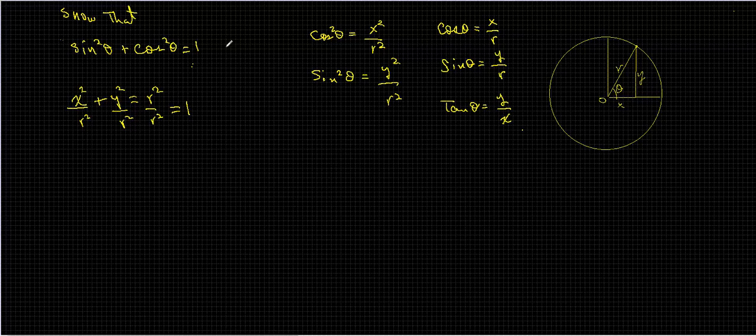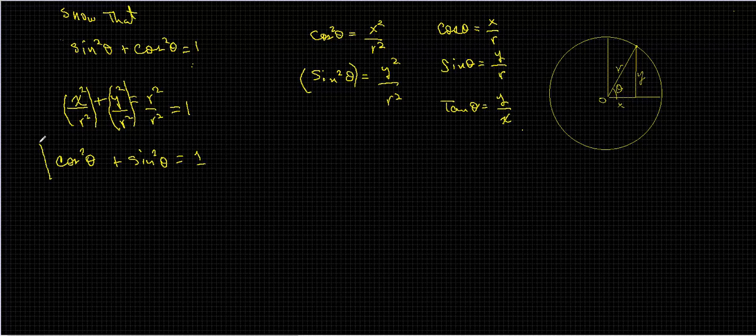And we can substitute that into our equation over here. So cosine squared theta will replace this expression right here, and this expression here would replace this expression here, and that would give us sine squared theta, and this is equal to 1.